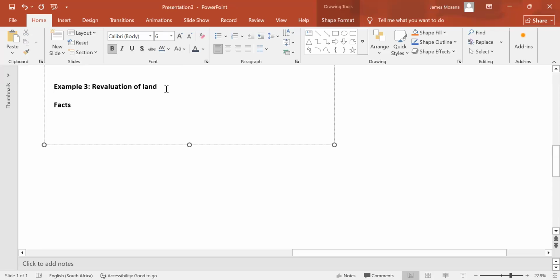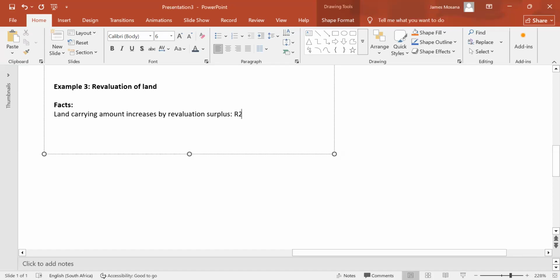The first effect is that the land carrying amount increases by a revaluation surplus of 2 million.